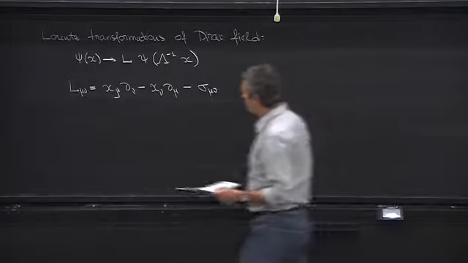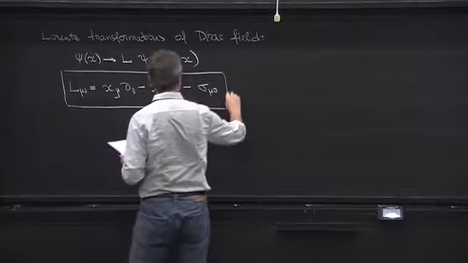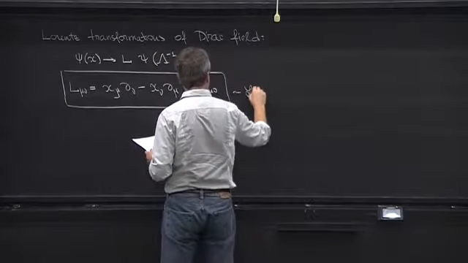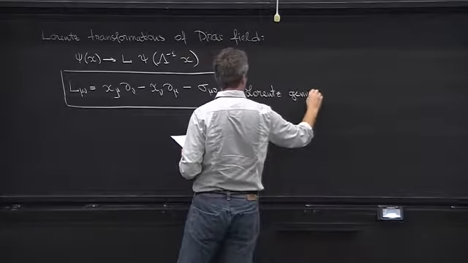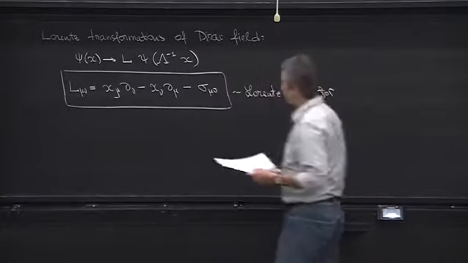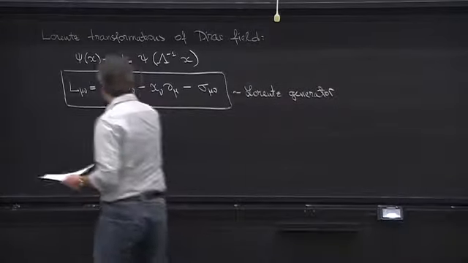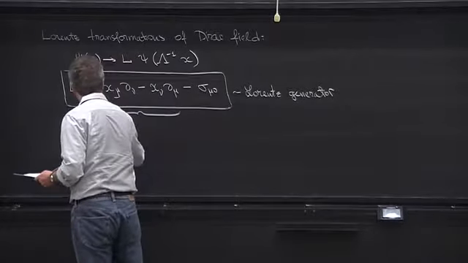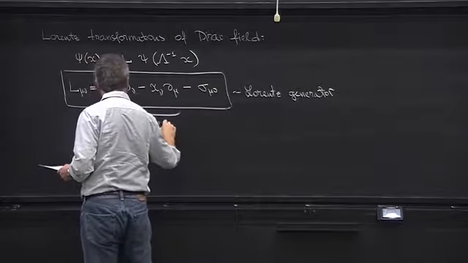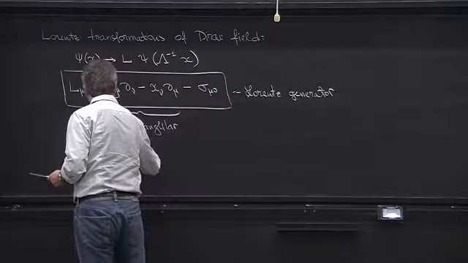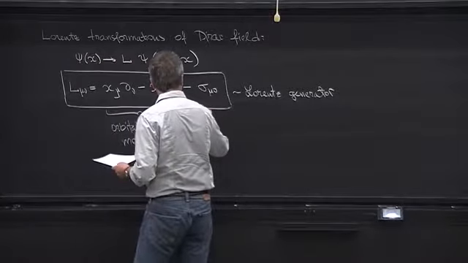So the Lorentz generator acting on the Dirac field will have this additional term. The physical interpretation of this formula is that this part of the Lorentz generator is the orbital angular momentum, and this is spin.